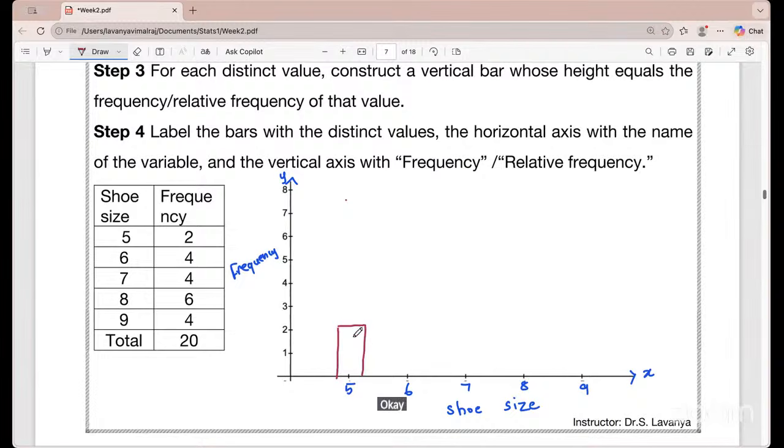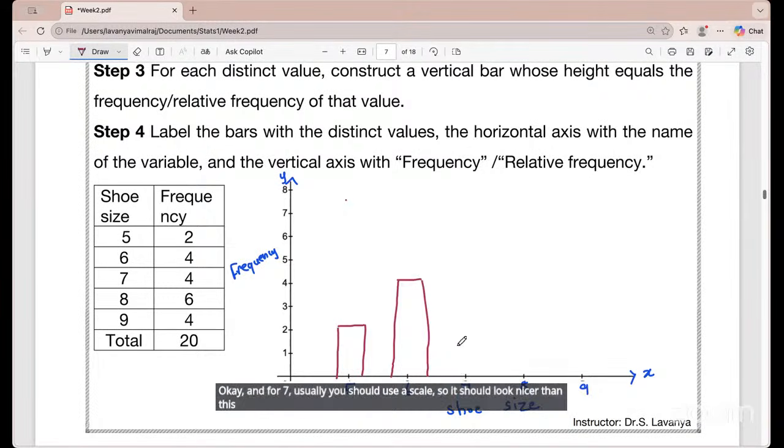Okay, all right. And then here for 6, the length is 4. Okay, and for 7, usually you should use a scale, so it should look nicer than this. So 7, again it's 4.